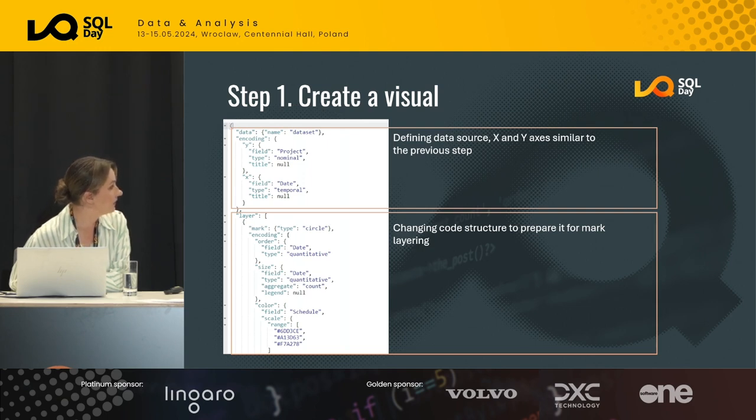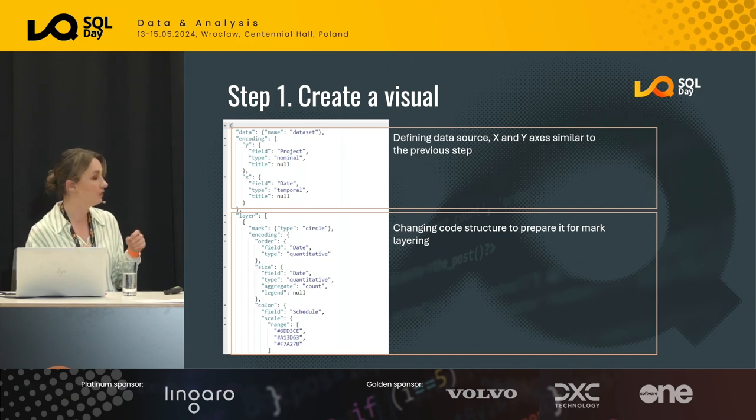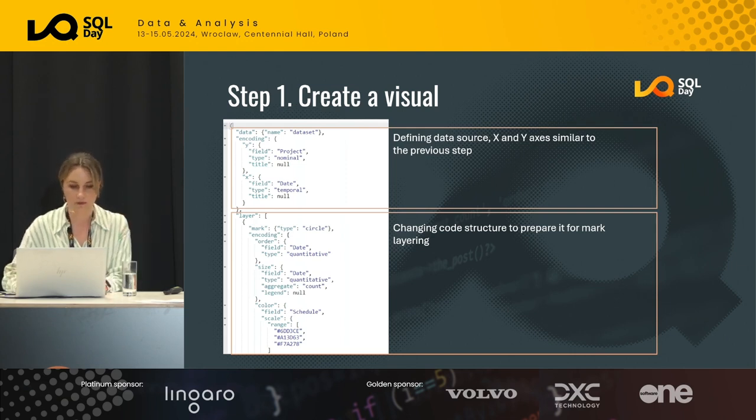And this is a little bit different arrangement of the code, which prepares us for layering the marks. So here we will have more than one mark, and we will need to layer them. So we have this layer definition in order to group different marks together. In this first basic visual, I have just one mark, which is circle again. I have the definition here.